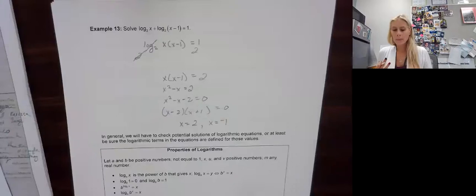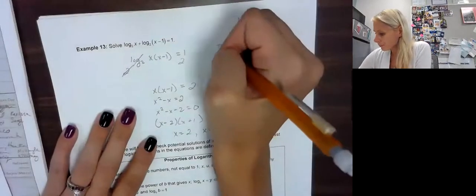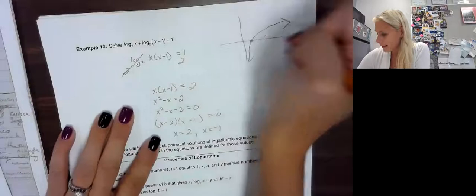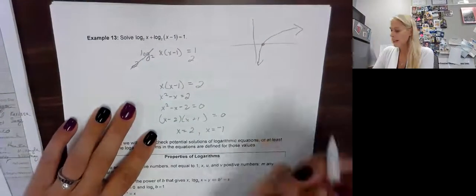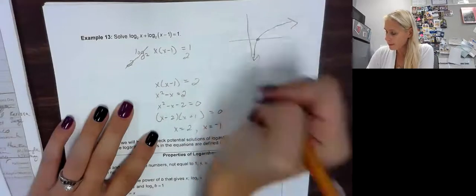Well, let's think about some things about log and ln. Let's look at the graph of our normal ln and log. What can it never be? It can never be negative, and it can never be 0.